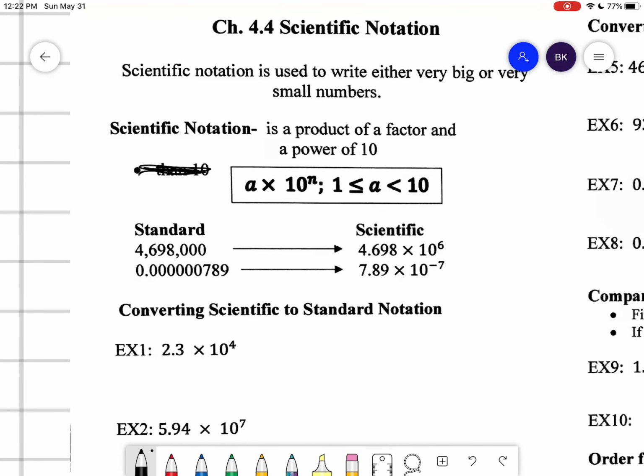The first example, 2.3 times 10 to the 4th power. The first thing I'm going to do, I'm going to write down 2.3. Okay, and then I'm going to take a look at my exponent. My exponent is positive and it's 4. So I'm going to jump from my old decimal point to the right, because my exponent is positive, right?